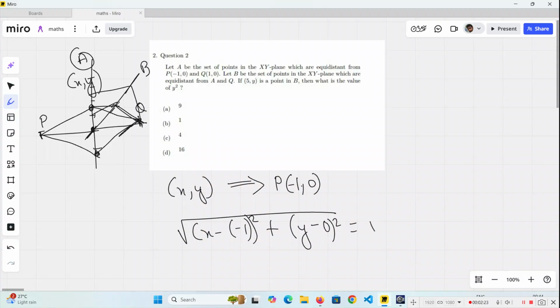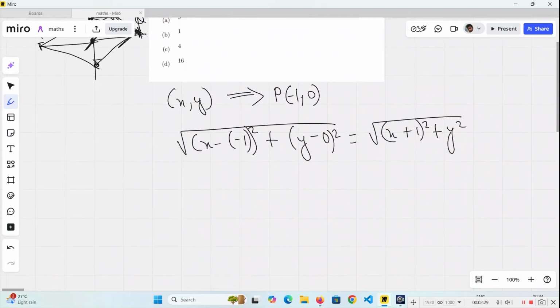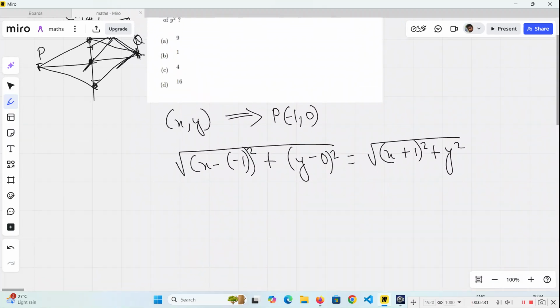So this is root over x plus 1 whole square plus y square. This is the distance of point xy. Let us call it s, this point s to P.